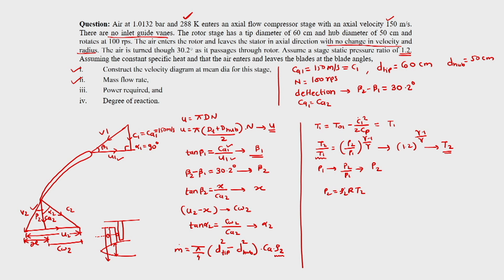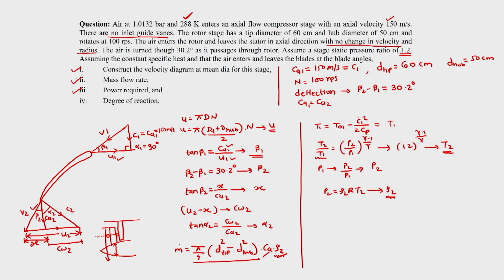We can find out rho 2 from this formula. So once we know T2 and rho 2, everything is known, and we can find out m dot. So this is how we can find out m dot. Once m dot is known, we can use this to find out power required.